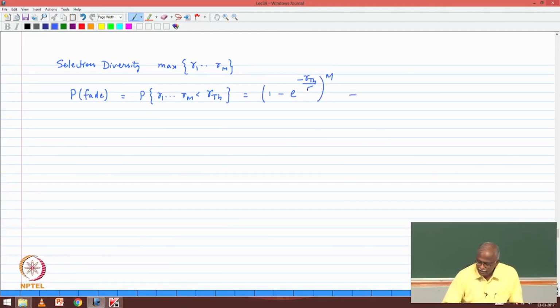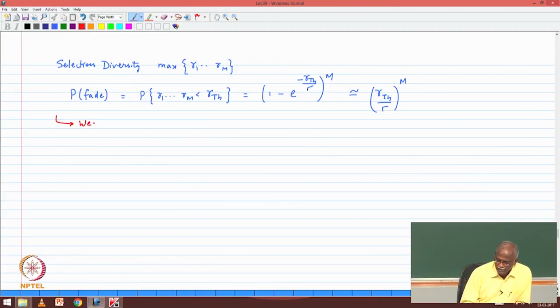Okay? And this is approximately (gamma threshold divided by gamma) raised to the power m. In the context of selection diversity, we also made reference to weak antennas as opposed to strong antennas, when they are helpful, when they are of not much use, and what the benefits and trade-offs are. We had discussed that.